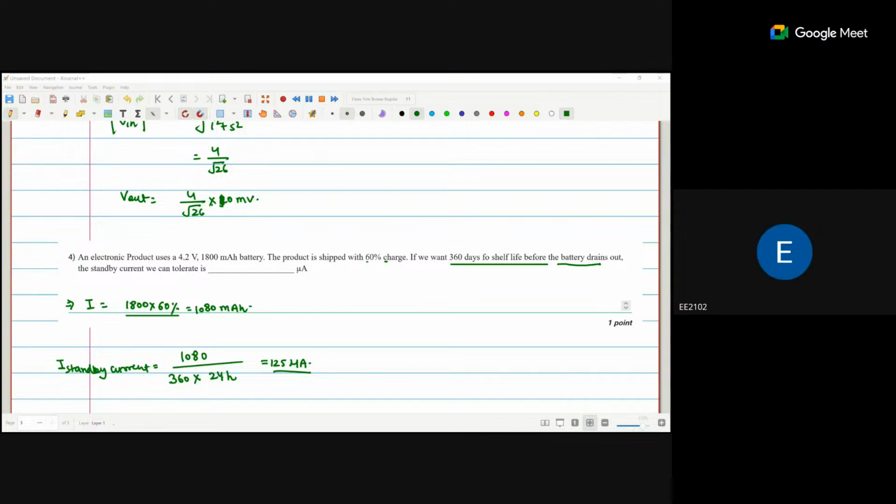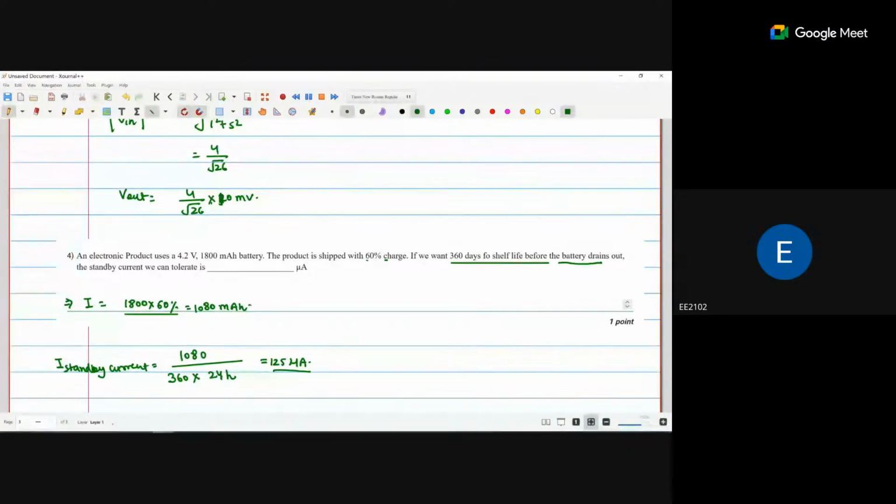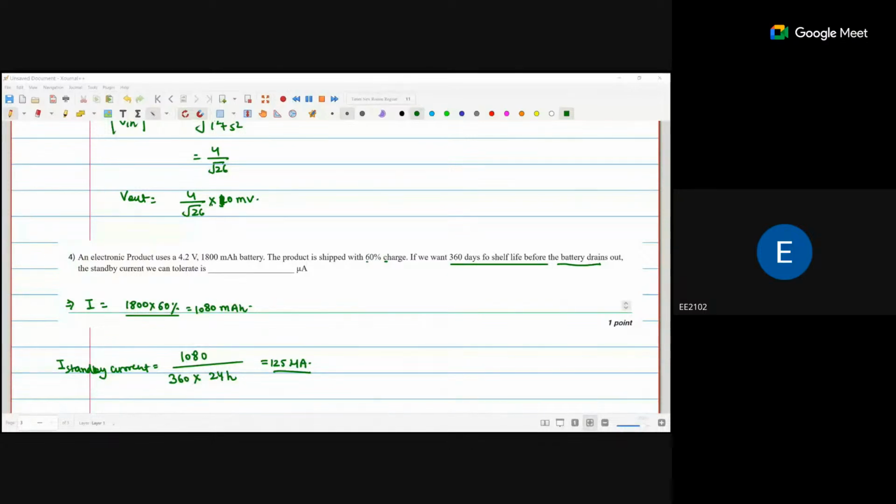If we want the standby current, that is 125 microamp.